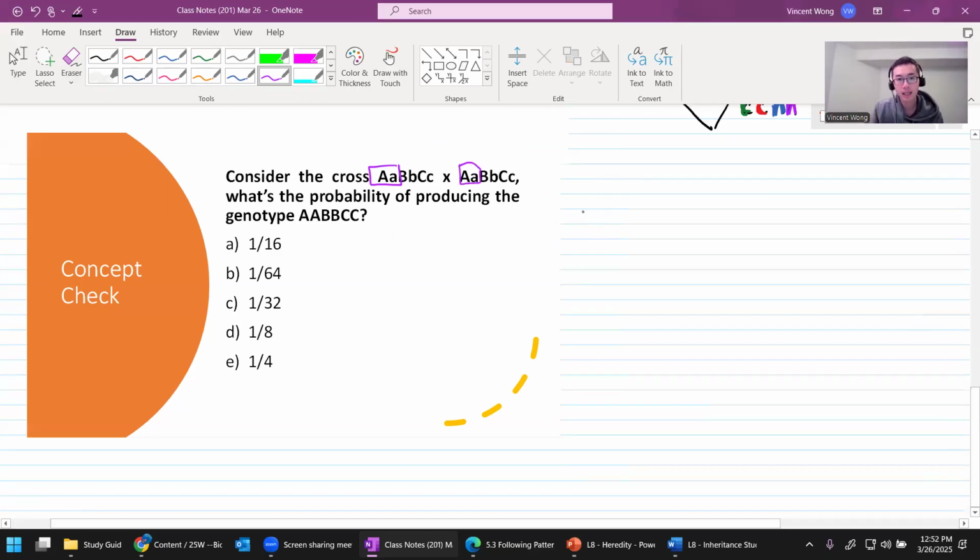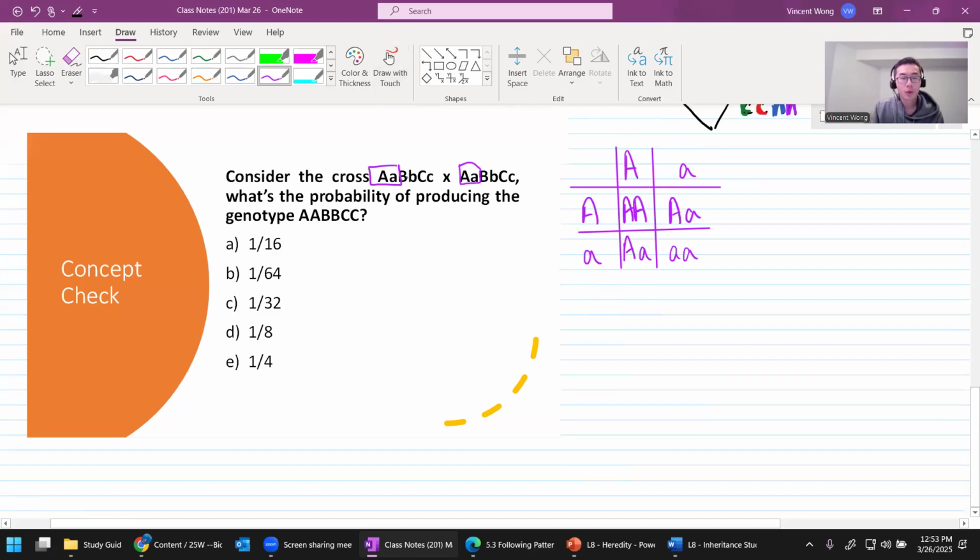Gene A, we would have big A, small a on one side and big A, small a on the other side. And we can go ahead and do the regular Punnett square. You should be familiar with this already. We learned it on Monday, and I asked you to practice.